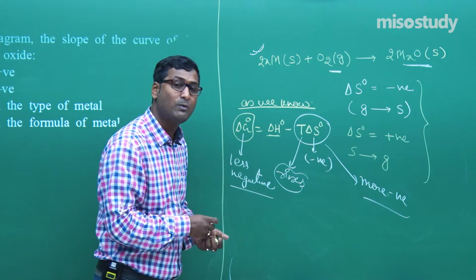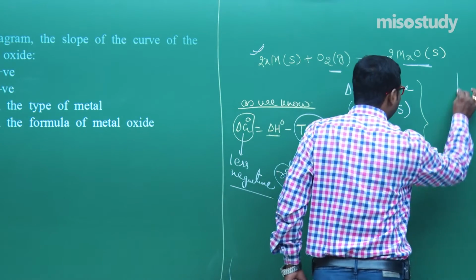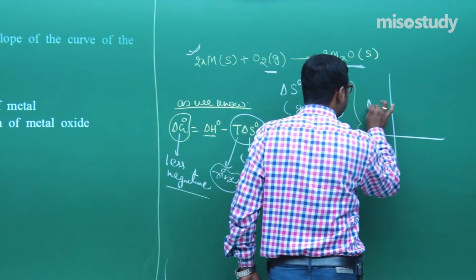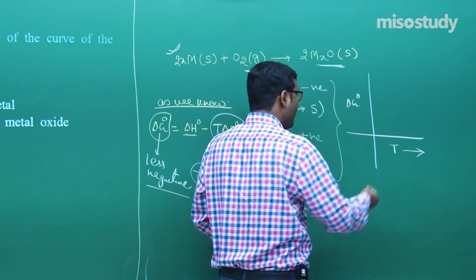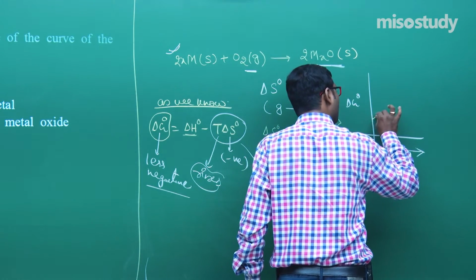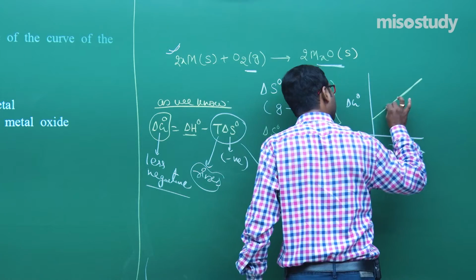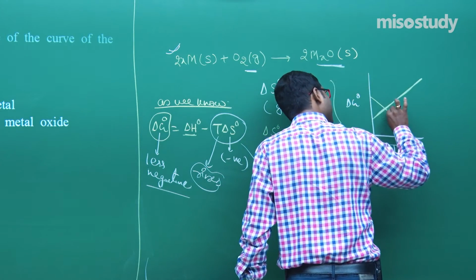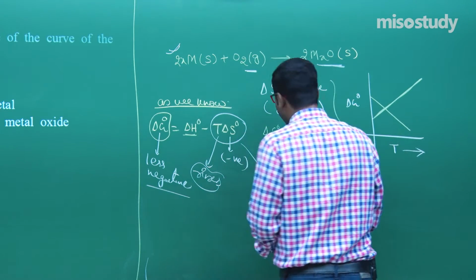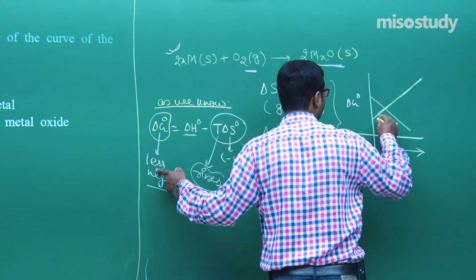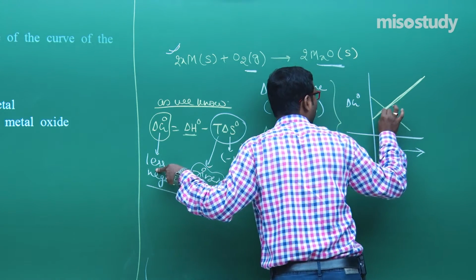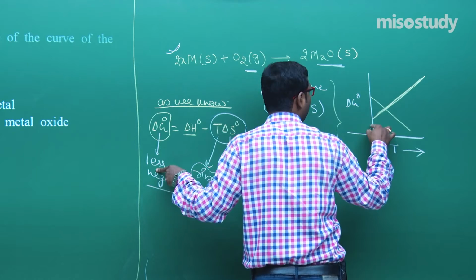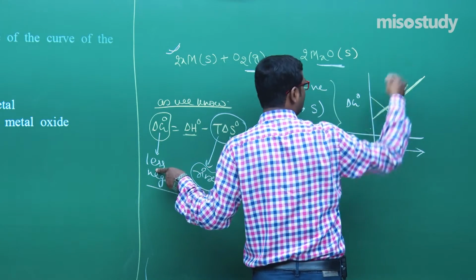If it moves towards the positive side, then tell me, this is the graph between delta G and T. If positive, then the slope will go up like this. If negative, the graph will be like this. Here delta G becomes less negative, so we are moving upward, because this zone is negative, 0, positive, and so on.